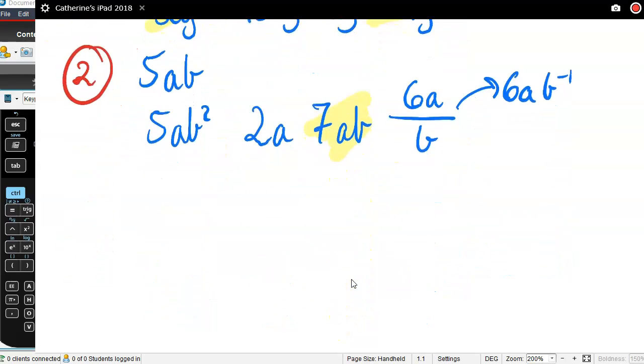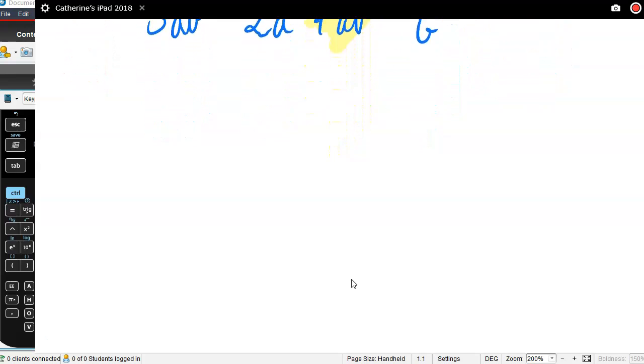Okay, so let's think about our next stage of simplifying, and that's where we have to add or subtract like terms. Let's type that in. Add and subtract like terms.